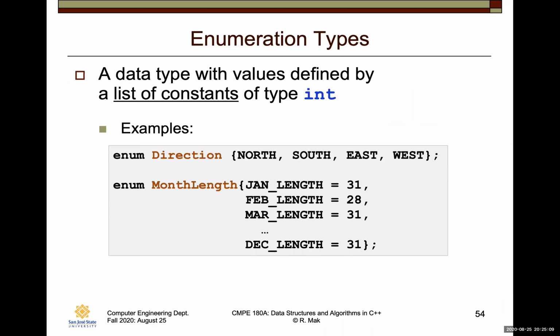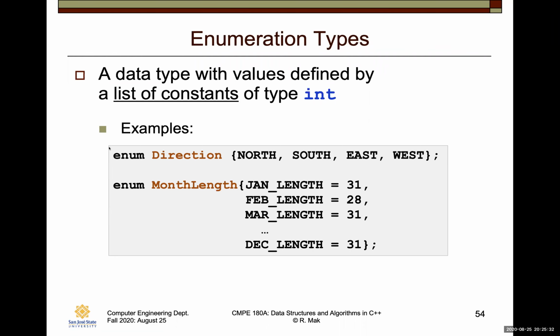All right. There's something called enumeration types. And so here, I have a type called direction, okay? And what is direction? Well, it's an enumerated type. And remember, every type determines what values variables of that type can have.